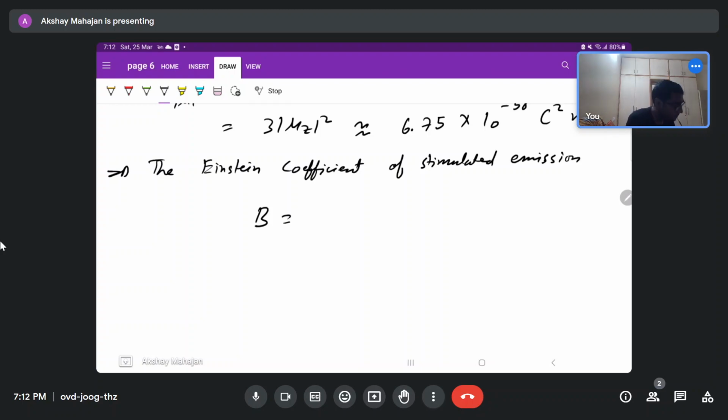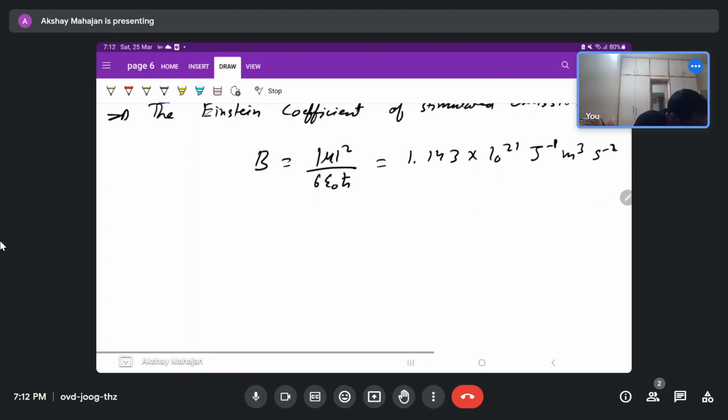This will be mod of mu square divided by 6 epsilon naught h cross, and if you calculate by putting other values, that will come as 1.143 into 10 to the power 21 joule inverse. Now we have found B.